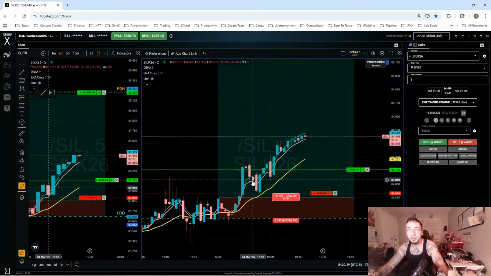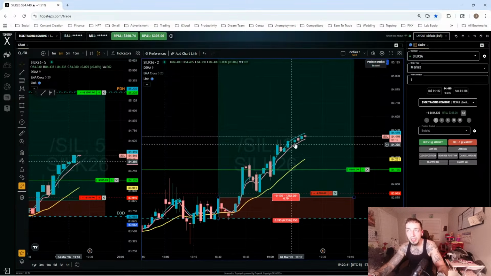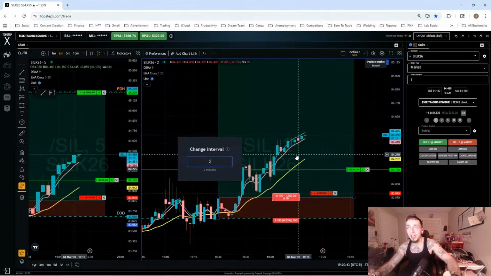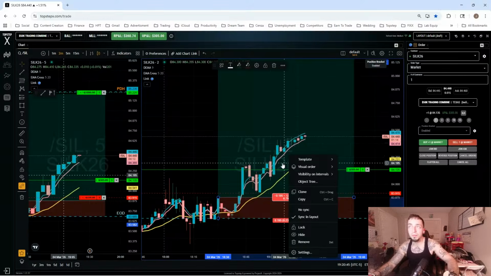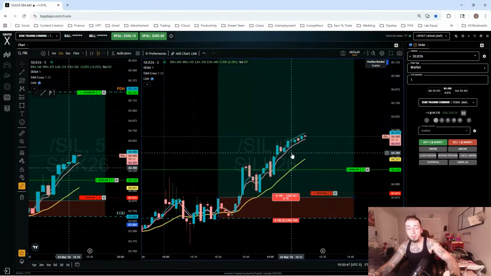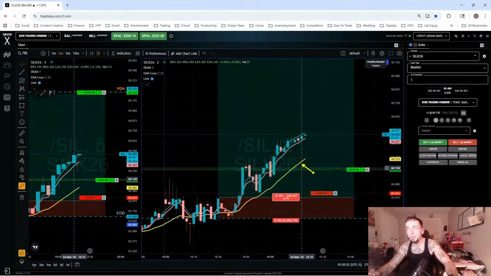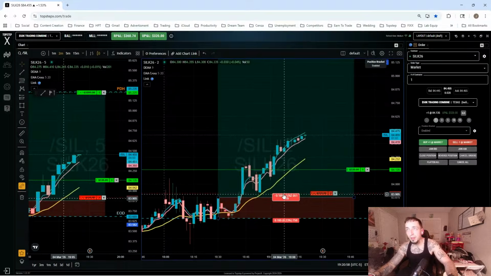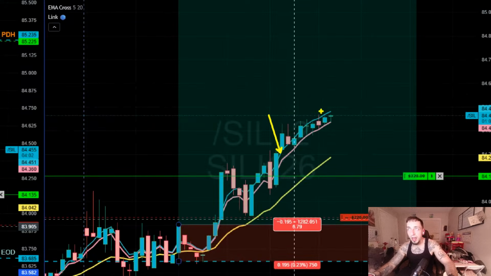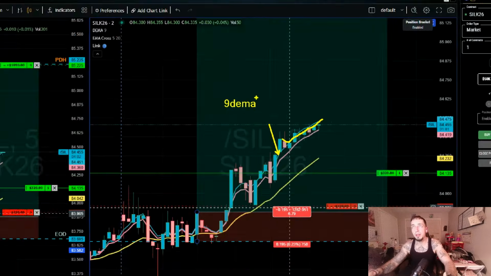Moving averages. So I got the 5 EMA, which is this guy right here. This right here is the 5 EMA. This right here is the 20 EMA. This right here, that blue line, which is key, that is the 9 DEMA.